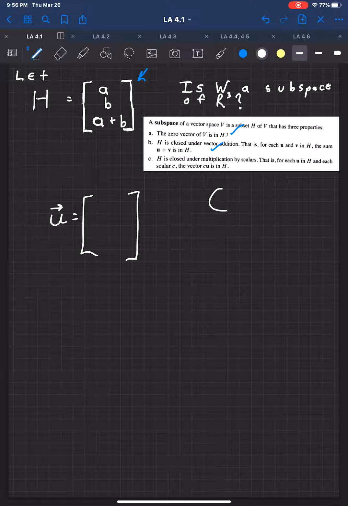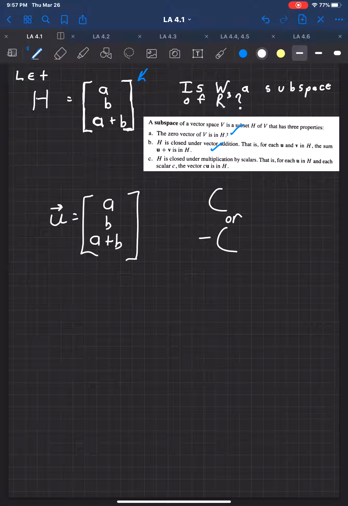It could be scalar c or negative c. For whatever vector u, we're very restricted in the sense that, in order for u to be in H, it has to take on the form a, b, a plus b. That is the only option that we have.